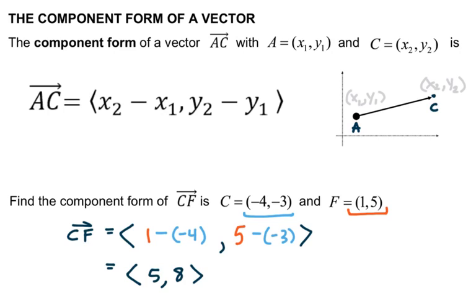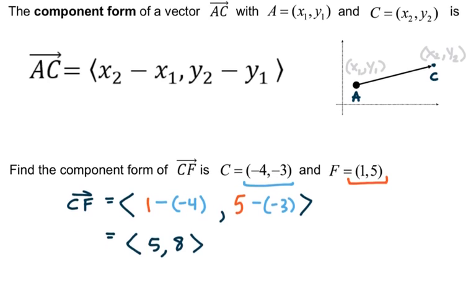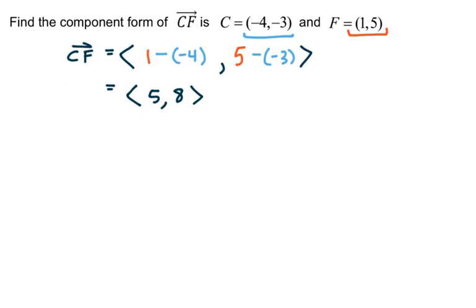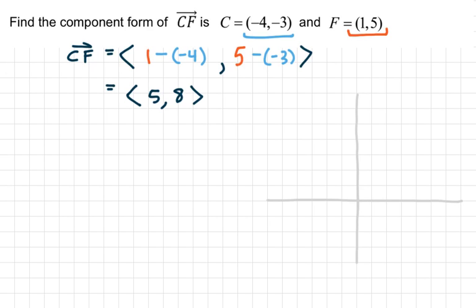The component form is the same as the position vector. They're the same magnitude and the same direction. It's just the component form doesn't have to start at the origin. Let's try and visualize this. If I were to plot vector CF, I would start at -4, -3.